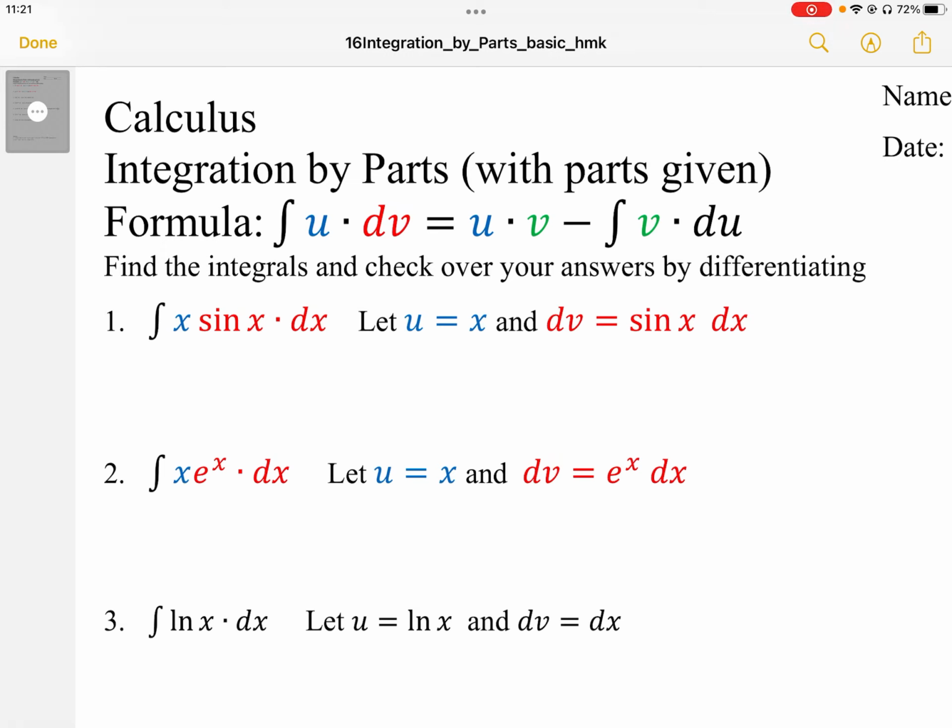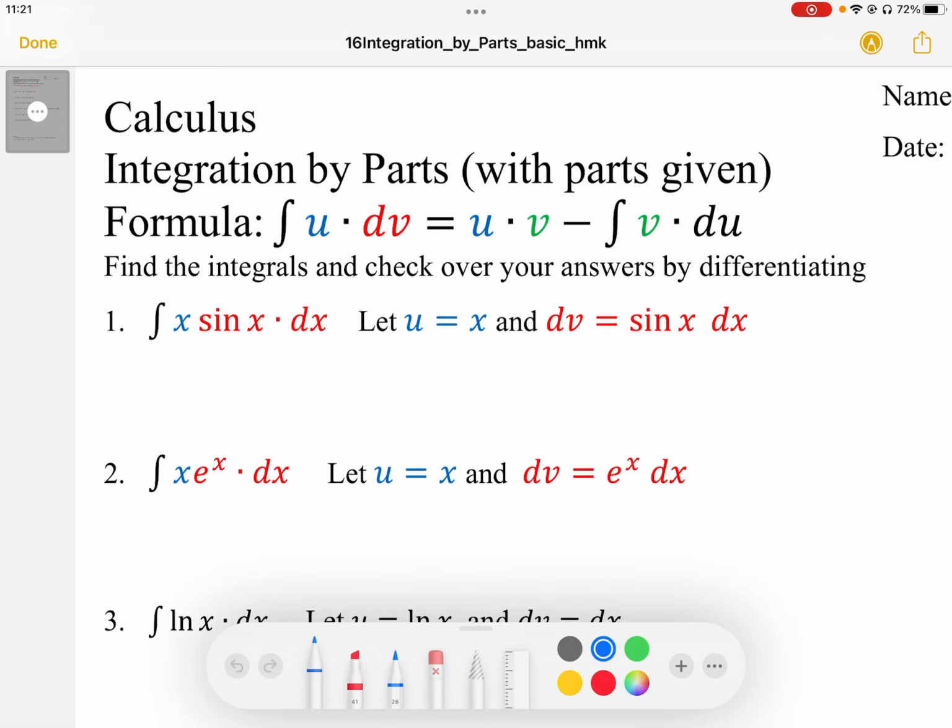Once we have u and dv, we need to generate our other parts. We need to generate our du. The du we find from u by differentiating. So here we get du is equal to 1, and then we're going to put the dx on that side.